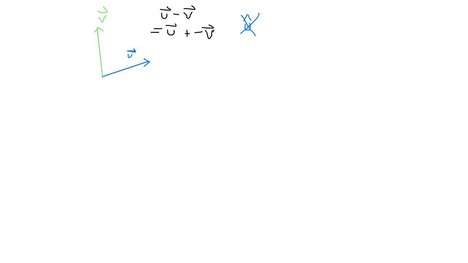So what I can do here is, the negative v would just be this vector, right? That would be negative.